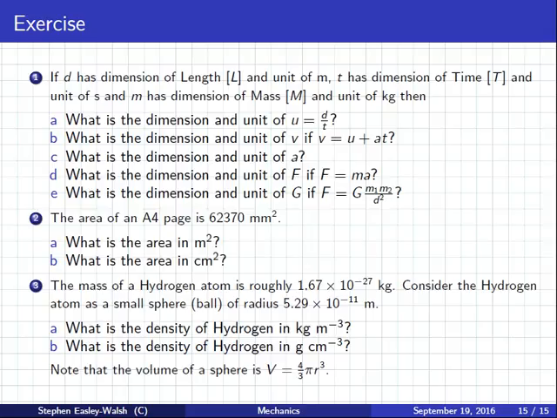I want to know what the units are for each of these. So the first one, U equals D over T. Well, what's D? Length. And T? Time. So that would be meters per second, which is speed, but you don't need to write that down. So the answer here will be length per time, which is meters per second.